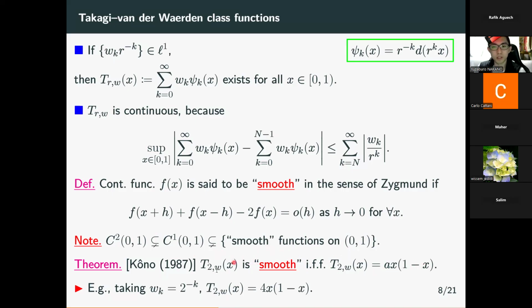This means once we know T^2_W is smooth, then T^2_W must be twice continuously differentiable. For example, taking Wk as 2 to the minus k, T^2_W converges to this parabola.